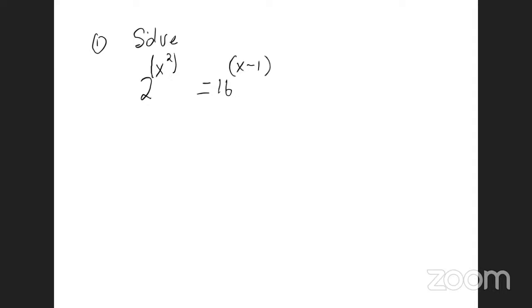Try this here. I gave you a little easy already, so now a little bit medium, a little bit harder.